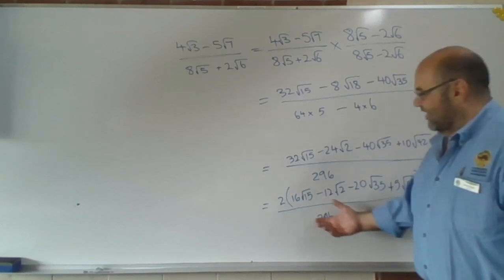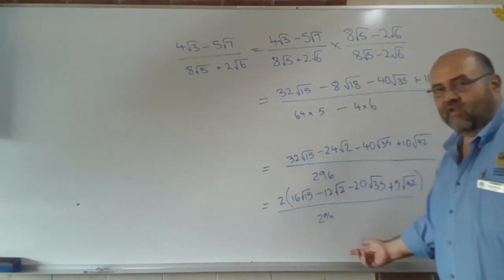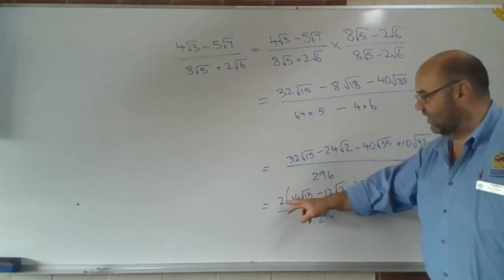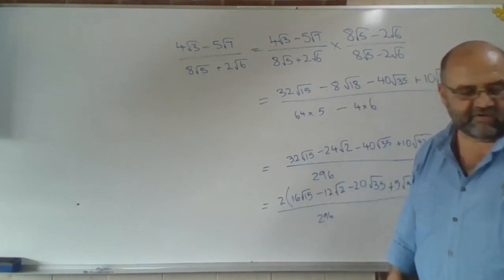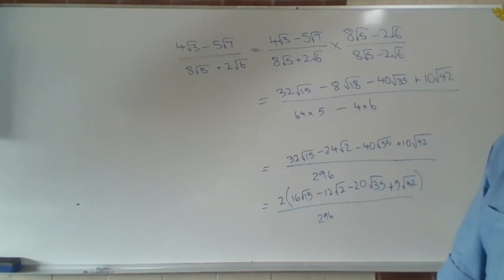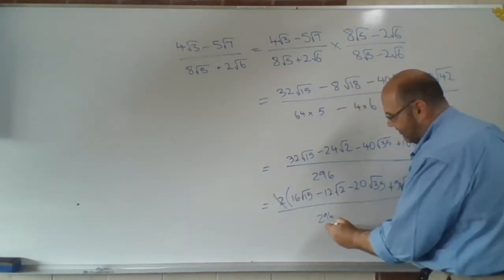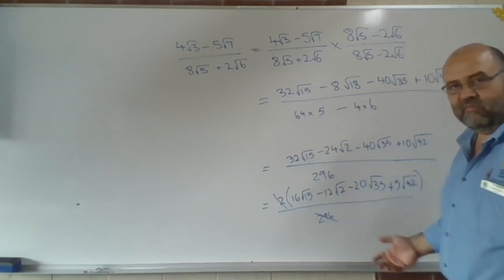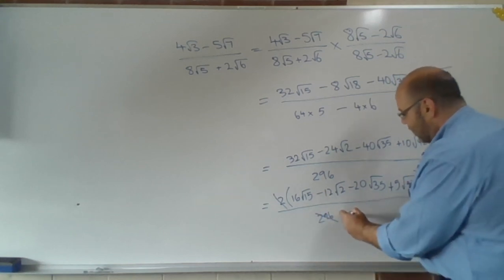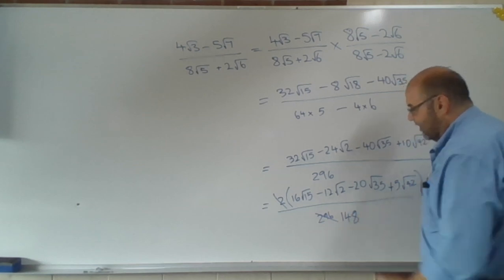And now, I don't have room on my board for another line, but what we do now is we cancel out the 2 and the 296. So the 2 disappears from there, and we divide 296 by 2 as well. We end up with 148 in our denominator.